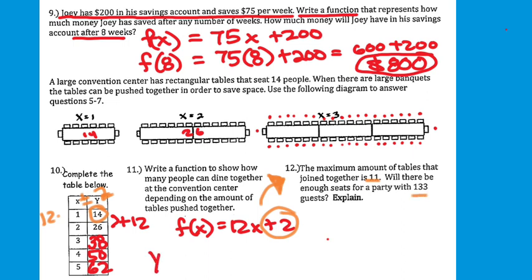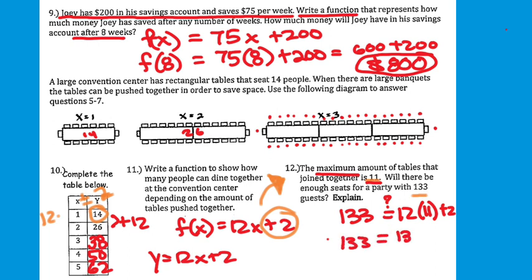So we're going to use the function to solve for this, right? 12 times 11 plus 2 gives us 134 seats, right? We only need to seat 133. Well, the answer is, of course, yes. Yes, with one left over, right? We even get an extra.